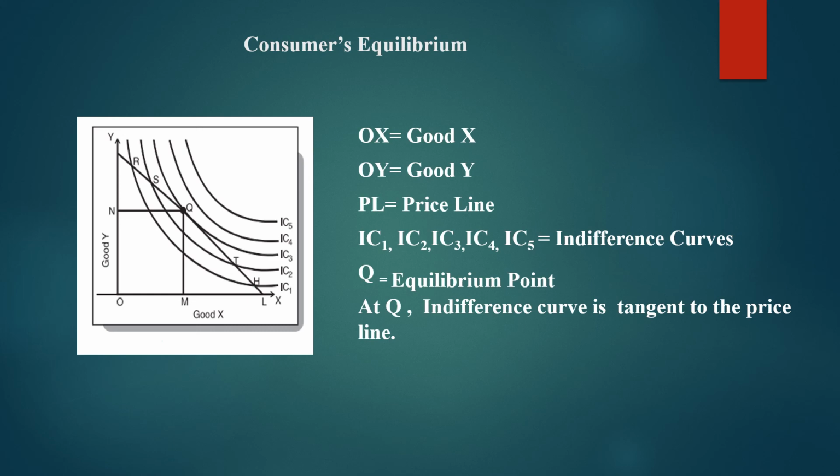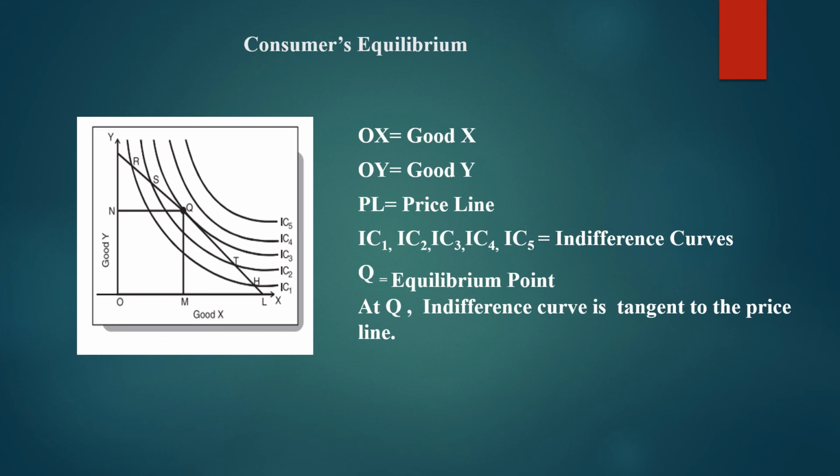And also, the consumer has a fixed income, as you know already. So within his budget only he can consume the two commodities. So he cannot go for IC4 and IC5 because they are beyond his reach, beyond his budget line. So for equilibrium there is a condition: the indifference curve should be tangent to the price line.